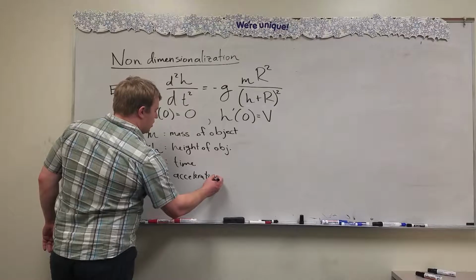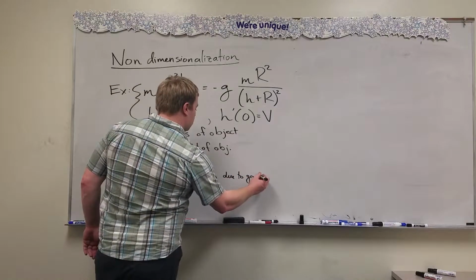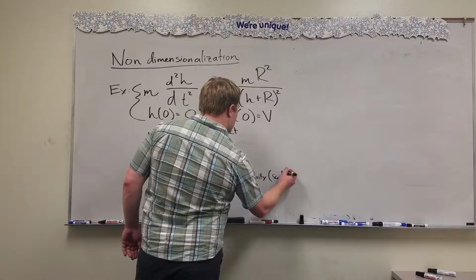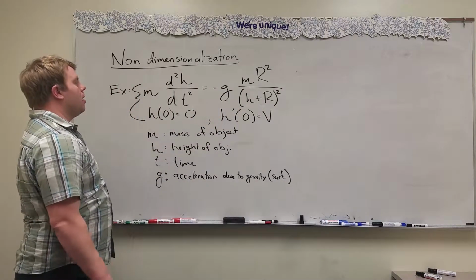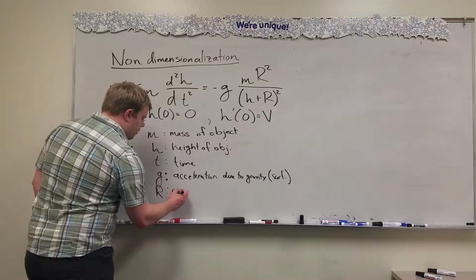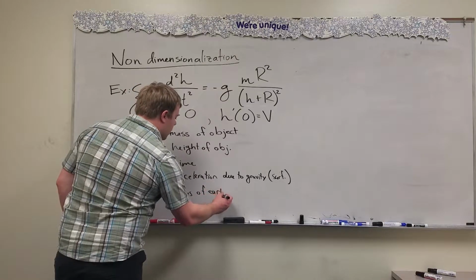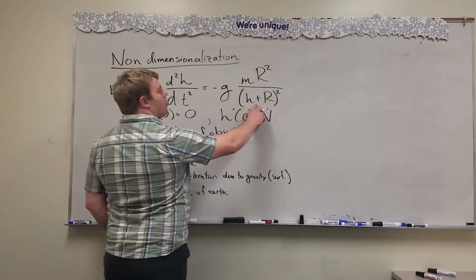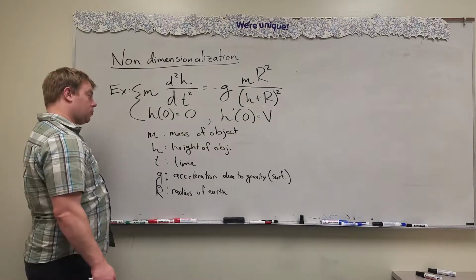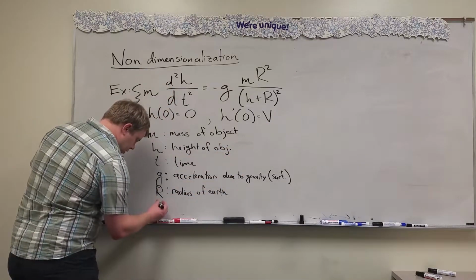So I'll just call that acceleration due to gravity at the surface. And r is the radius of the Earth, so that when we add h plus r, that is the distance between the Earth and the object.